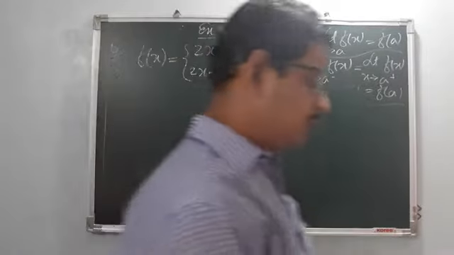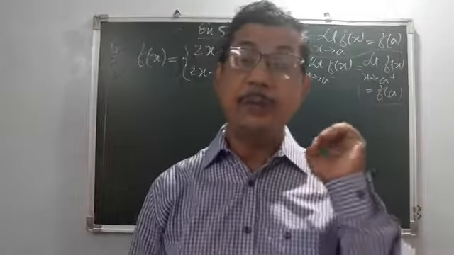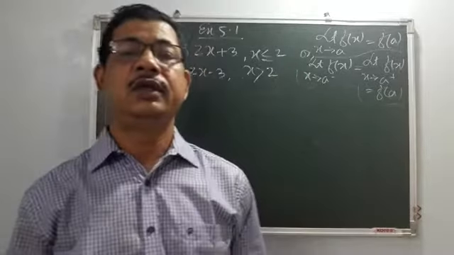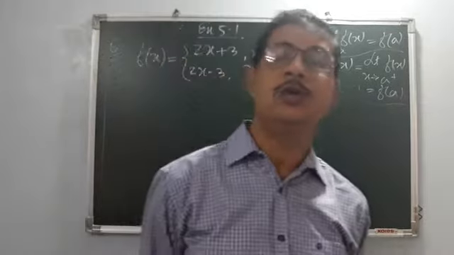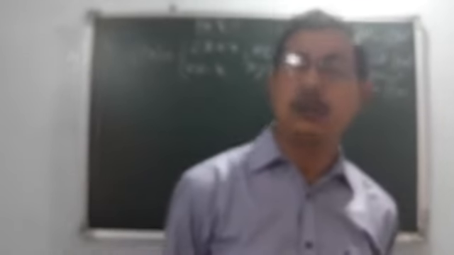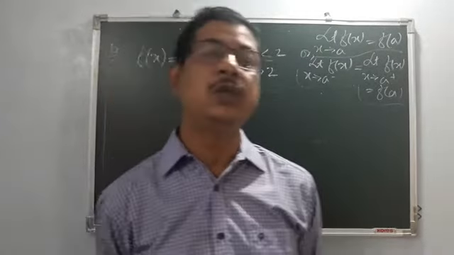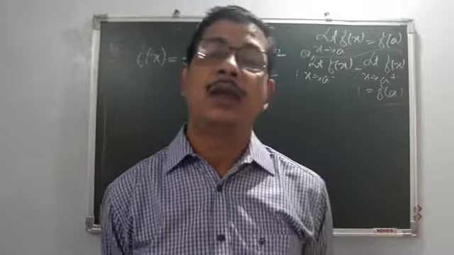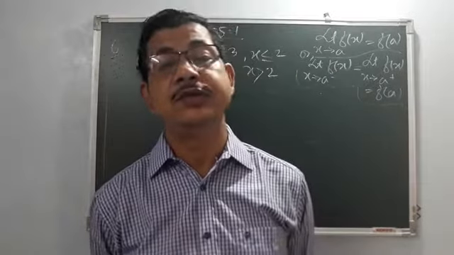Now students, here we need some prerequisite knowledge. It is what? That a polynomial function is always continuous. What I have said, that a polynomial function is always continuous. Polynomial is what? An algebraic function where the power of the variable is a whole number.